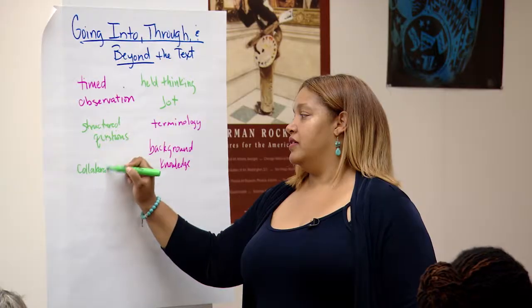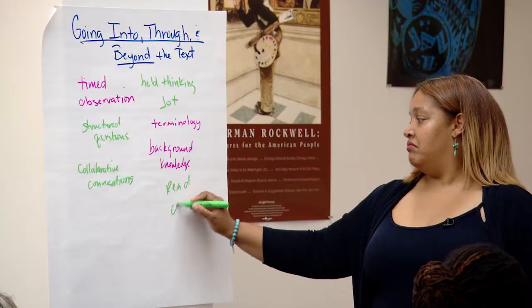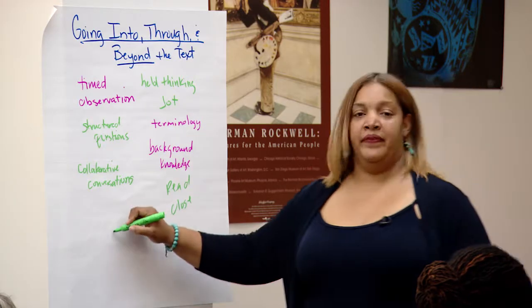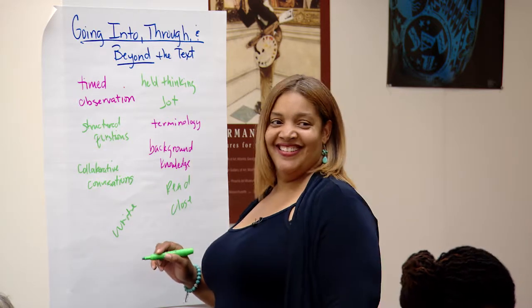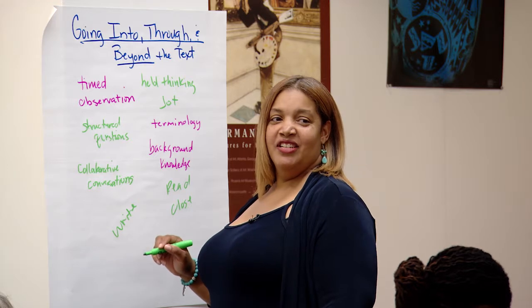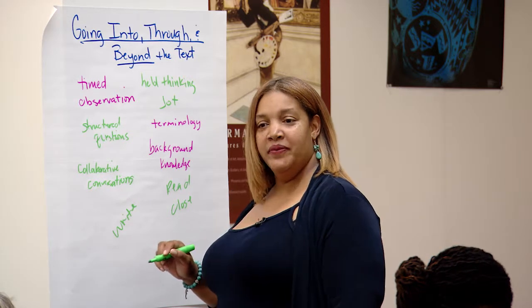Okay. Collaborative conversations. Think about our standards. What else? Did we read closely? Did we write? What kind of writing did we do? Did we do argumentative? Did we do narrative? Or did we do informational explanatory? Informational.